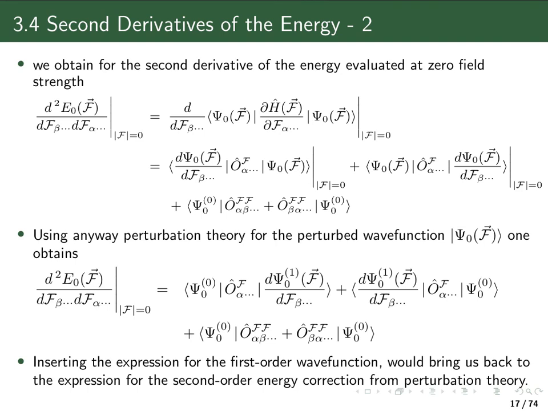Now, of course, I could insert our expression for the first order correction to the wave function, which is that we expand it in a basis, and as basis in perturbation theory, we normally use the complete set of unperturbed wave functions. Doing that would bring us back to the expression for the second order energy correction, as we had it in the last section about perturbation theory.